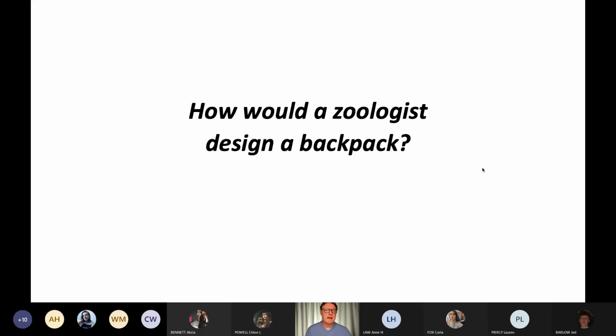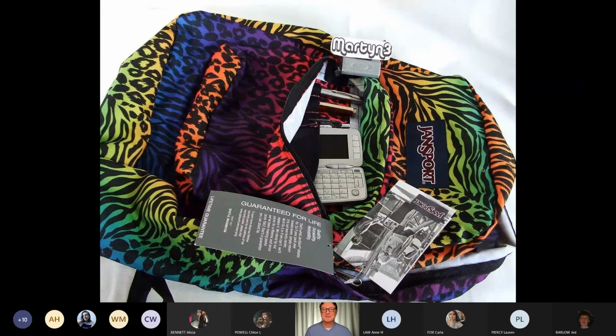You would have a different understanding of a specialist area of expertise, and that is zoology. So I kind of hazard to suggest that a zoologist would design a backpack not too dissimilar to this, which is a backpack made up of different animal patterns and fabrics.